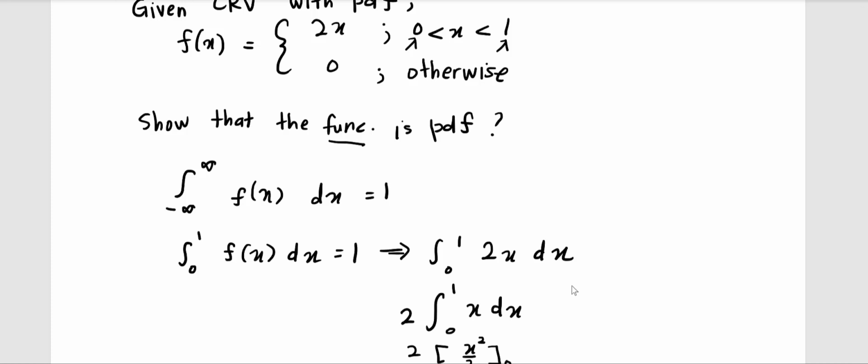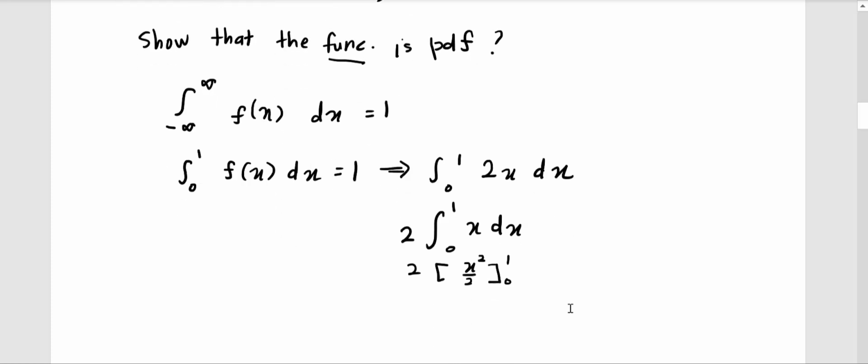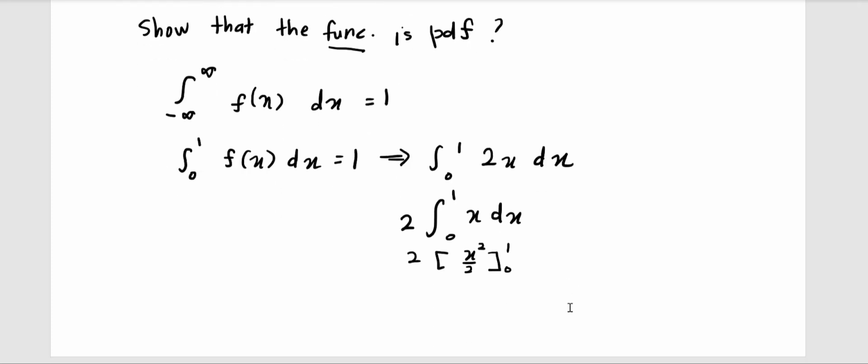The 2 and 2 cancel, then we get x squared from 0 to 1. So 1 squared minus 0 squared is equal to 1. So it is shown that the integration from the lower limit to the upper limit is equal to 1, so that means it is a PDF.